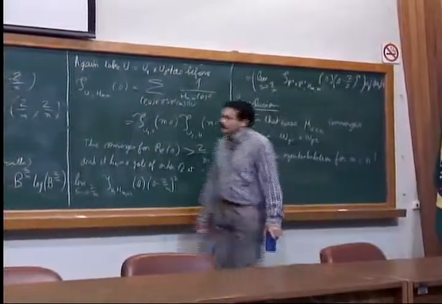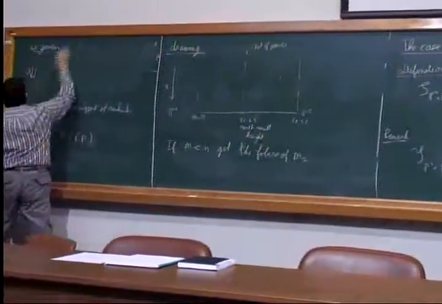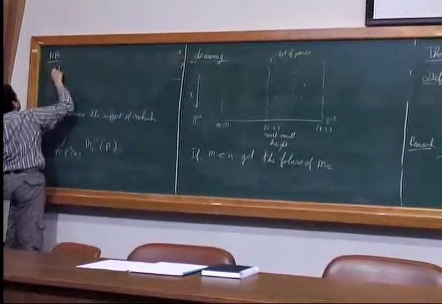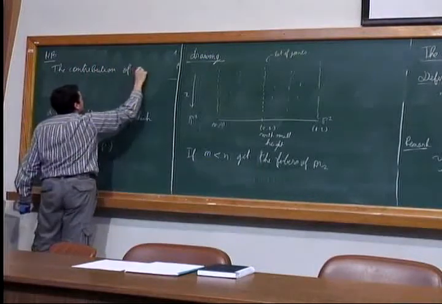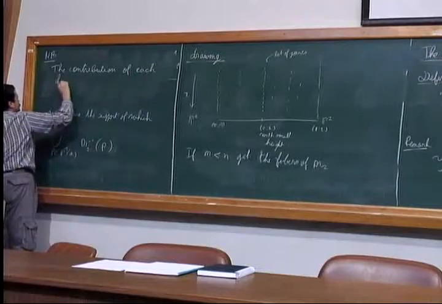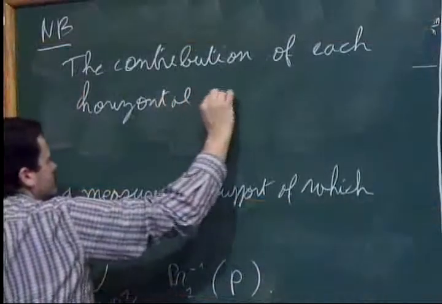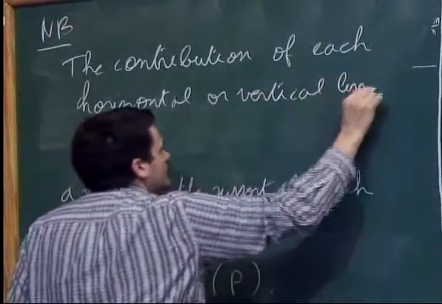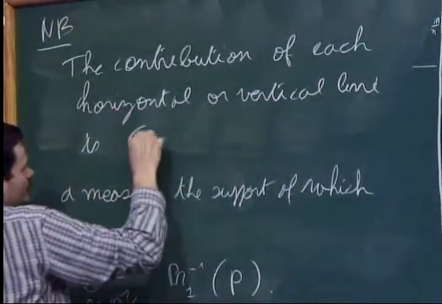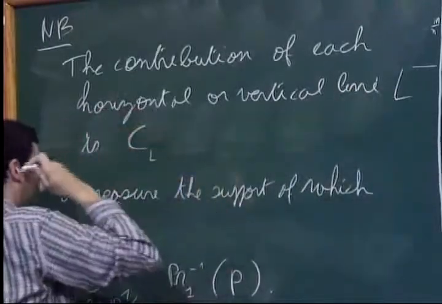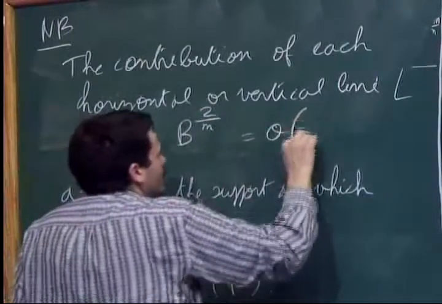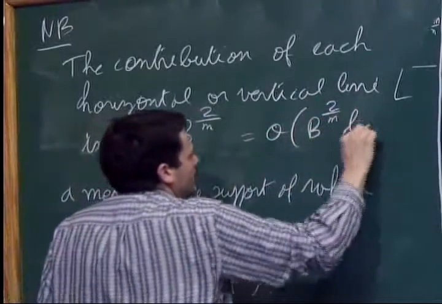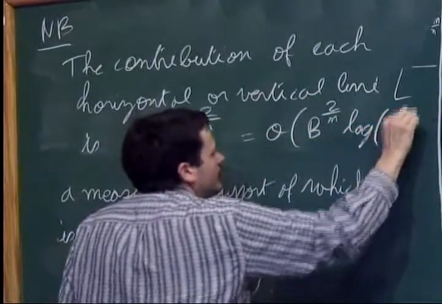So I should make a nota bene. Some constant depending on the line times B to the power 2 over m, which is negligible when compared with this term.